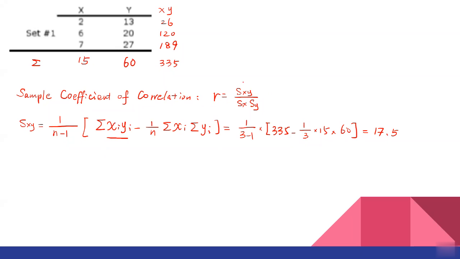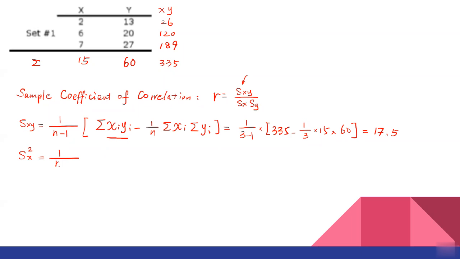Next, we already know that SXY is 70.5. Next, we need to calculate SX. SX is the standard deviation of X, right? So in order to calculate the standard deviation of X, we need to find SX squared, which is the variance of X, right?